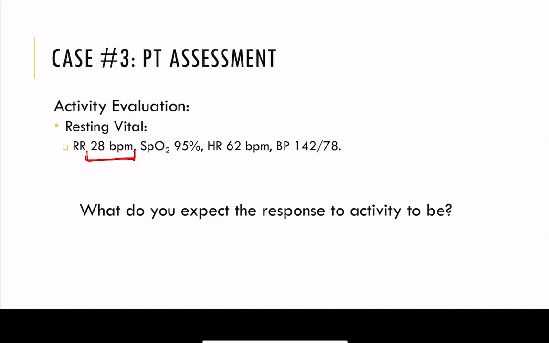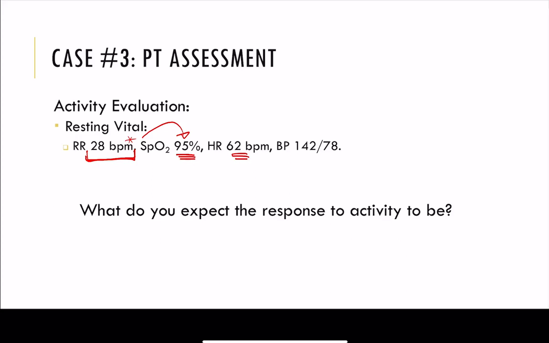Because we need to be able to tap into our reserve volumes to get more oxygen above rest. Right now, this rate is feeding his resting demands, albeit maybe not great. So I expect this to go up a little bit. If it doesn't go up at all, I am going to be checking some of these other parameters to see if I need to terminate exercise.